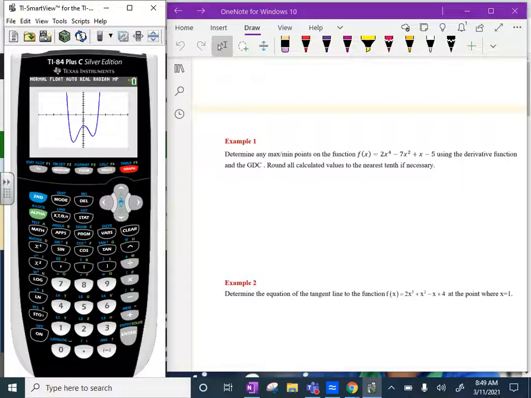Yeah, exactly. So once my first derivative graph shows up in a second, there they are. Right. So remember, we want where the slope equals 0. So the slope equals 0 here, here, and here. Okay.